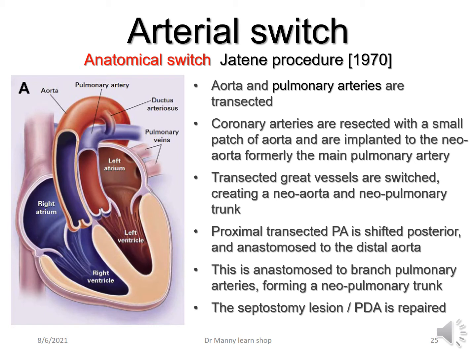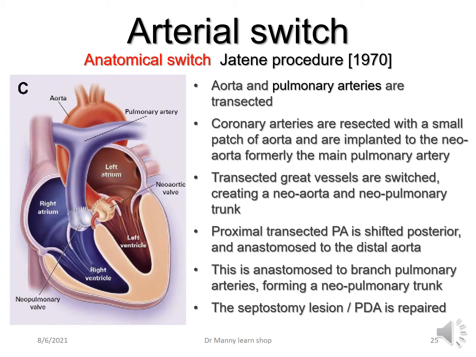The transected great vessels are switched, creating a new aorta, neo-aorta, and a new pulmonary artery. The proximal transected pulmonary artery is shifted posterior and anastomosed to the distal aorta. This is anastomosed to the branch of the pulmonary arteries, forming a new neo-pulmonary trunk. The septostomy lesion, the PDA, is repaired.